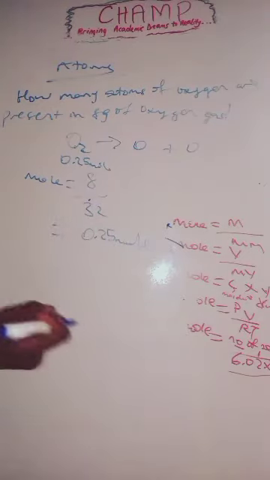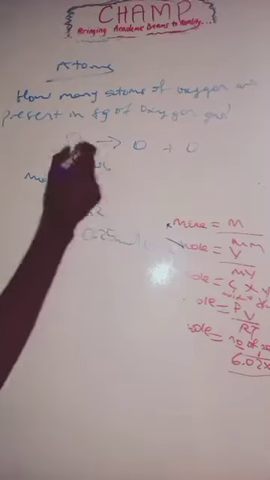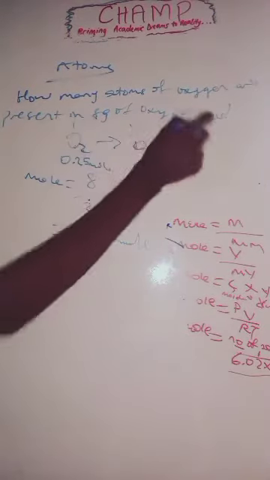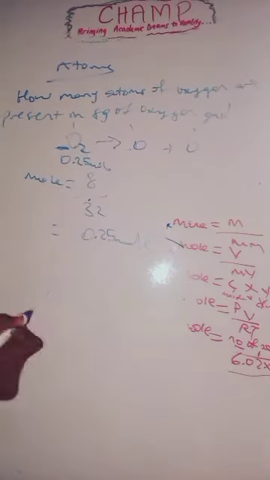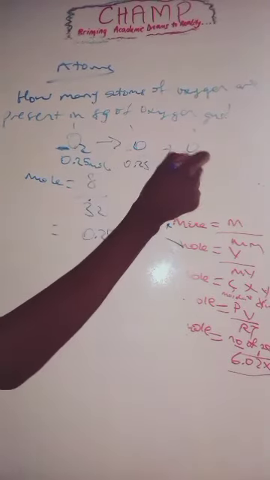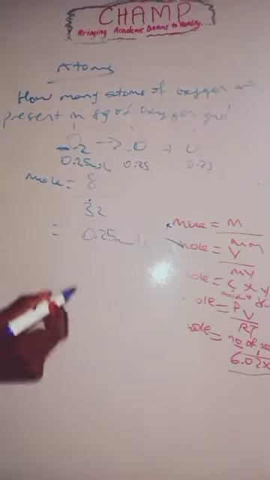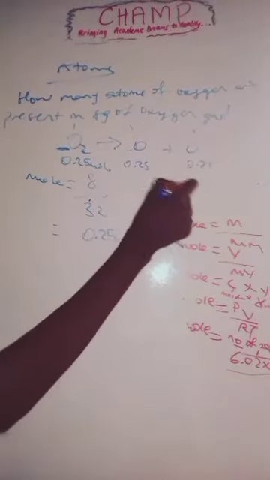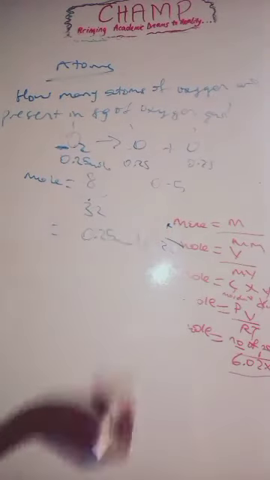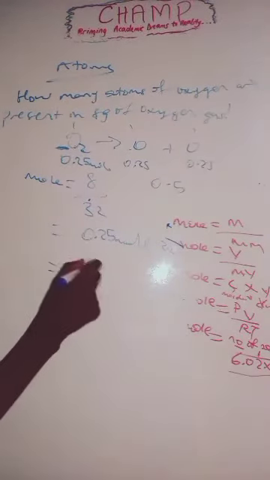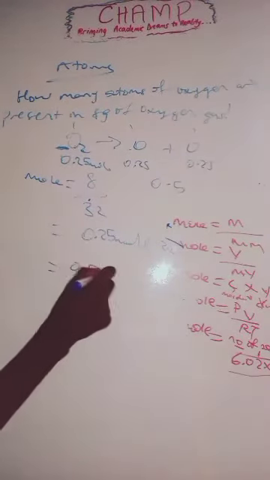That's 0.25 mole. So yes, they are all in what? 1:1:1. Their mole. So this is also 0.25, 0.25. So you have 2 oxygen atoms, add their moles together, that's what? 0.5. You will not go through all this stress, just multiply it by 2 because you have 2 oxygen atoms. So that's 0.5 mole. So this is what you use in your formula. 0.5 is equals to number of atoms over 6.02 times 10 raised to the power 23.